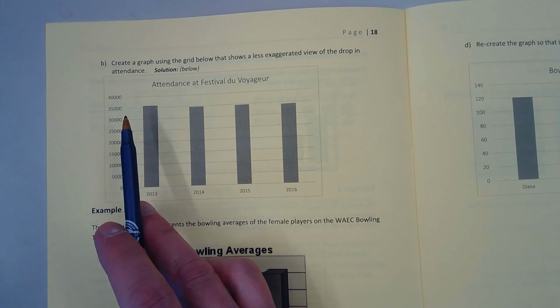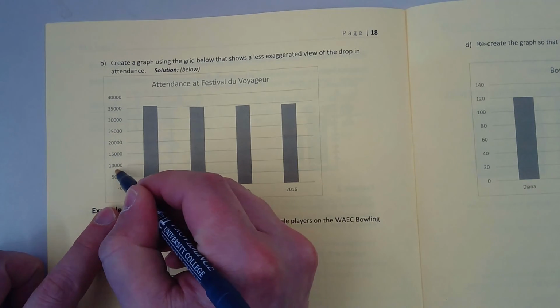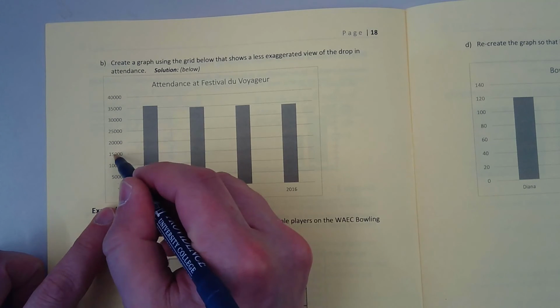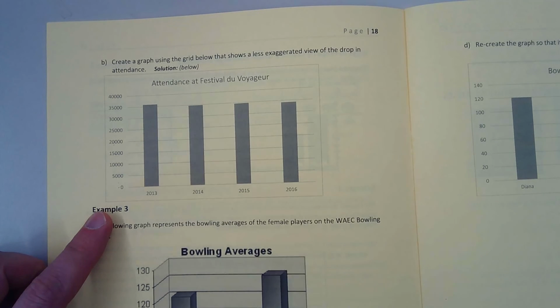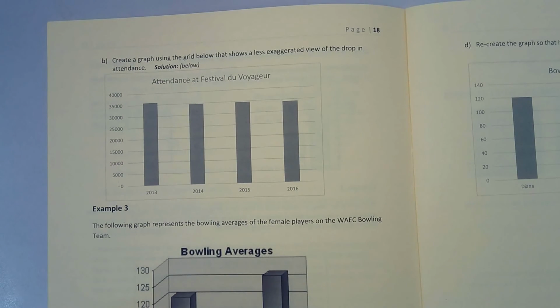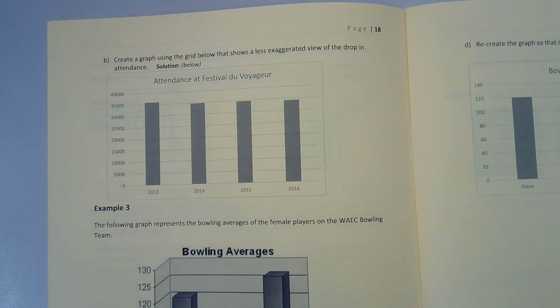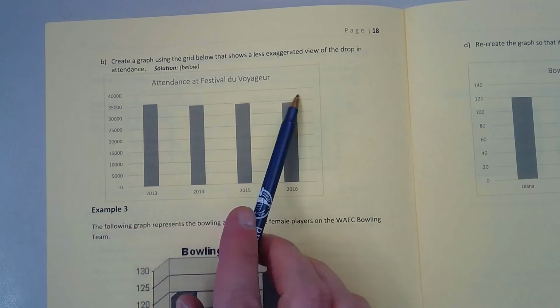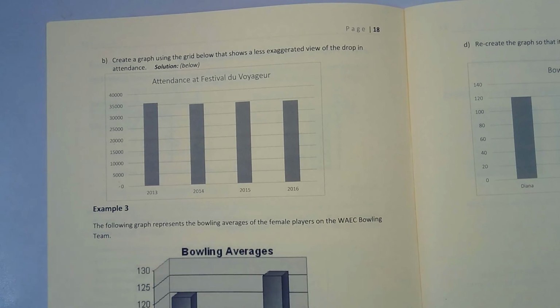This is where students make their mistakes. So this is going up by 5,000s: 5,000, 10,000, 15,000, 20,000. You could go up by something else if you want, 2,000, 4,000, 6,000. Make sure that it's always equal. Otherwise, your graph will be incorrect. And you'll notice with this one, the differences are not nearly as dramatic anymore because it's zoomed out now.